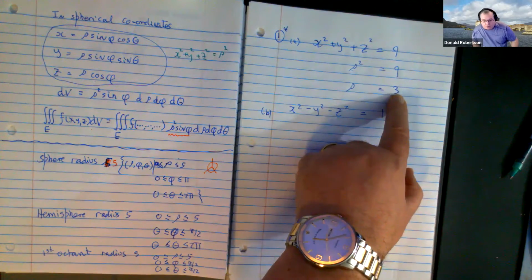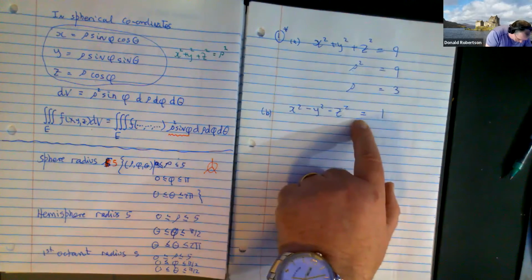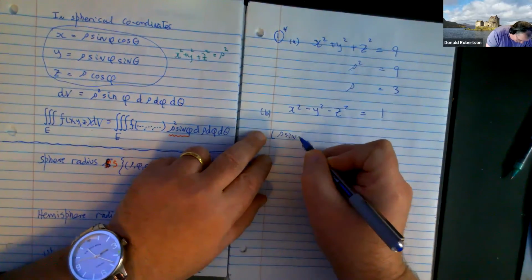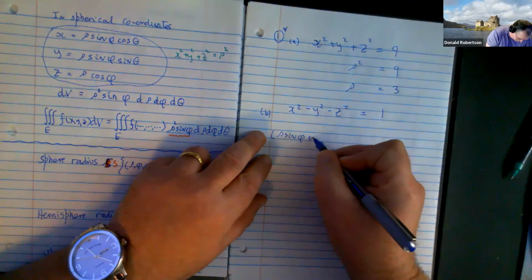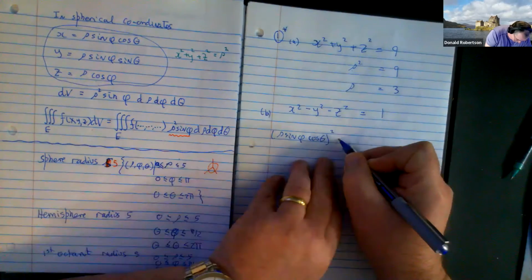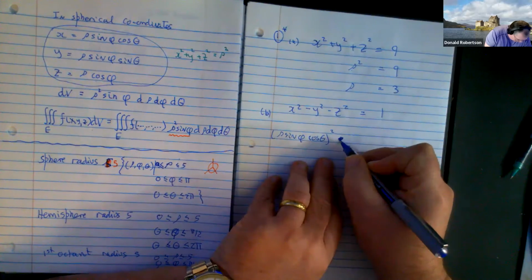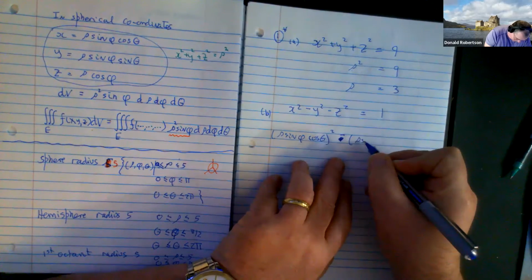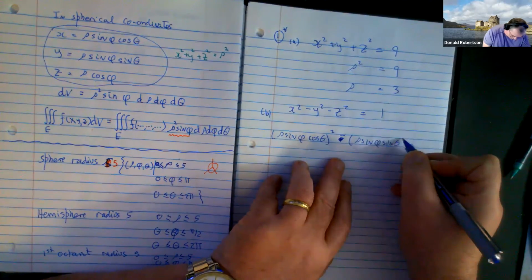This one, there are no shortcuts. So x is going to be rho sine phi cosine of theta, squared. Take away rho sine phi sine theta, squared.